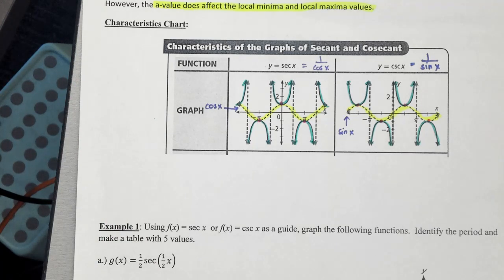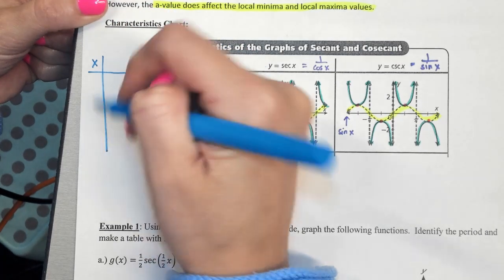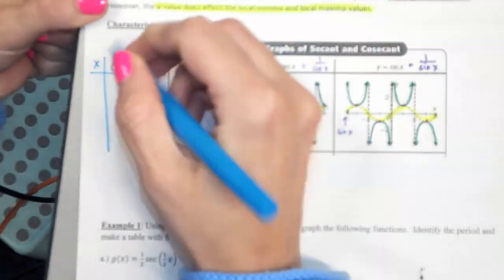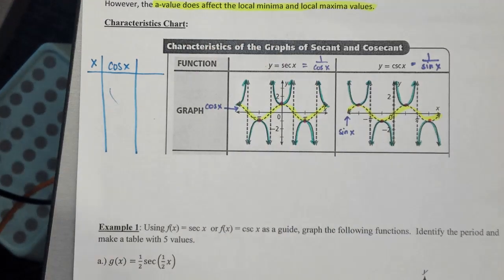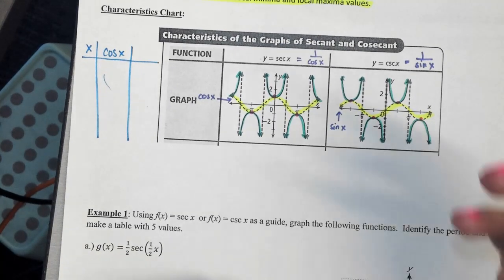Okay, so we're going to go over a few things from our functions. When we were graphing the cosine, we made a 3-column graph. So keep that column there.